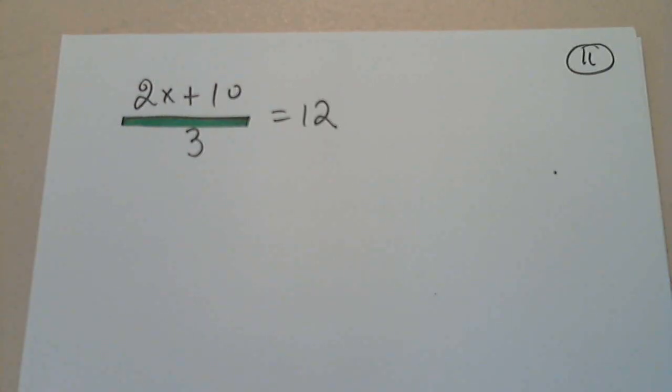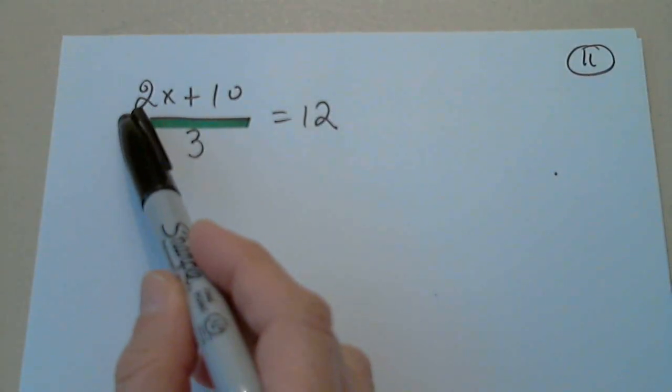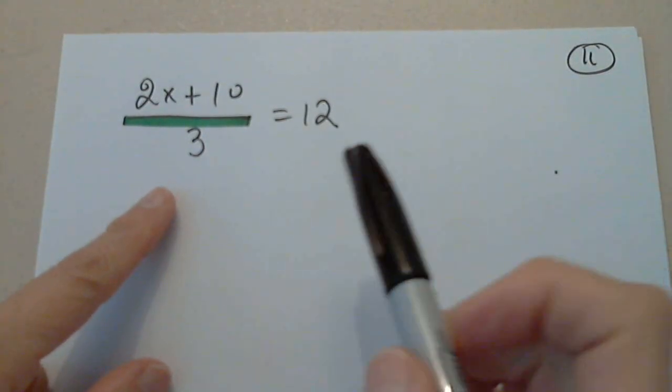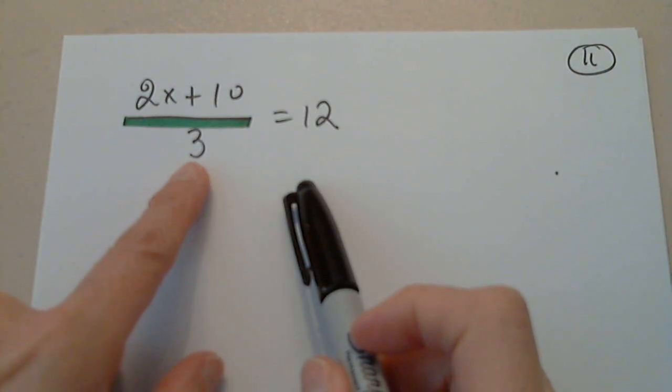How will I make that division disappear? What do I need to do to both sides to eliminate this division? What do I have to do? To multiply by 3?